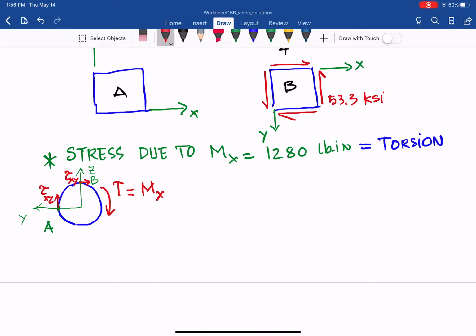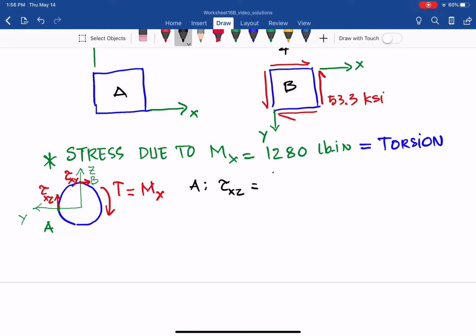With that, we can find out that at A it is tau XZ, and with that torsion it will create a positive XZ on the Z axis.